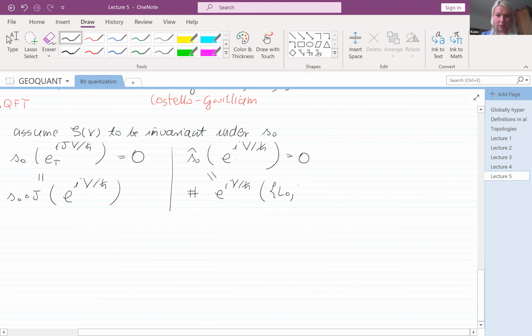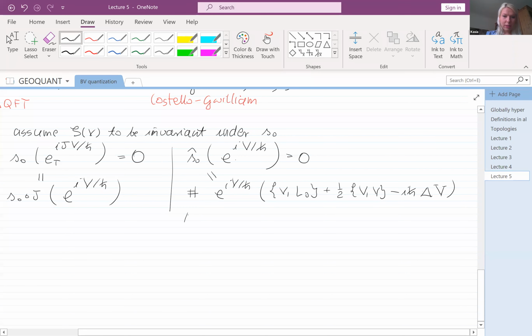That produces the bracket of V with L0. And there will be a term where this BV Laplacian acts, and that produces two terms. One will be 1/2 of the bracket of V with itself, and another is just the BV Laplacian acting on V.